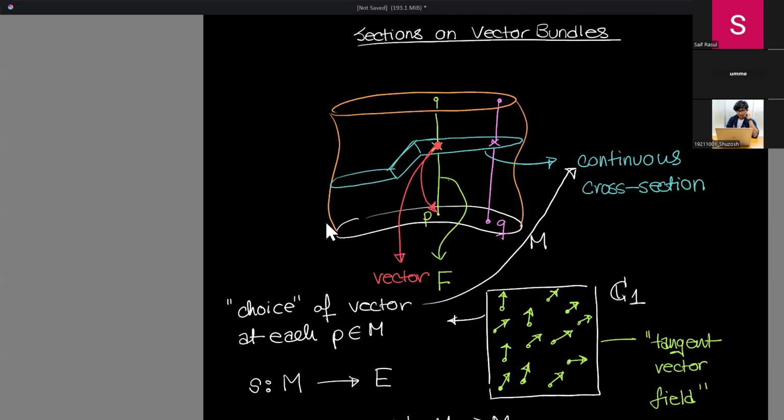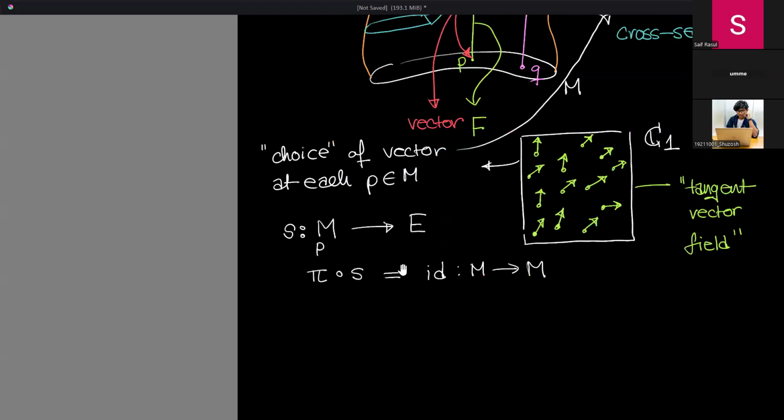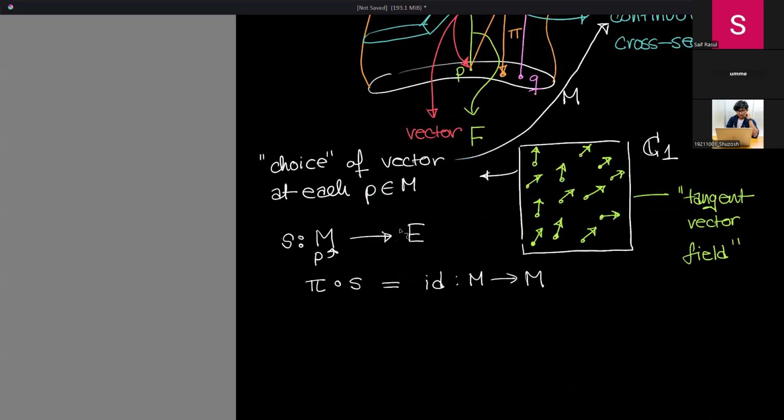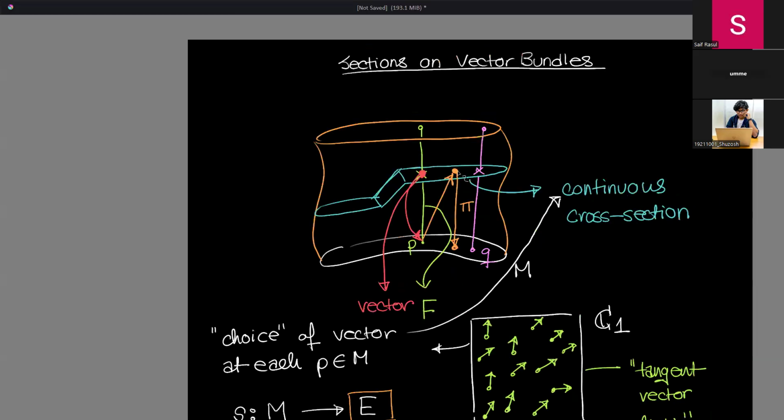So if I'm given a point P from M, then I can't assign it a vector outside of its fiber. I can't assign to P this point, because then if I took pi, I would come down here, right? Basically, I gave the function too much freedom, because I allowed it to be anywhere on E. But anywhere on E is too free, because I could take it over here. I could even take it not on the section at all. I could put it over here, I could put it over there.